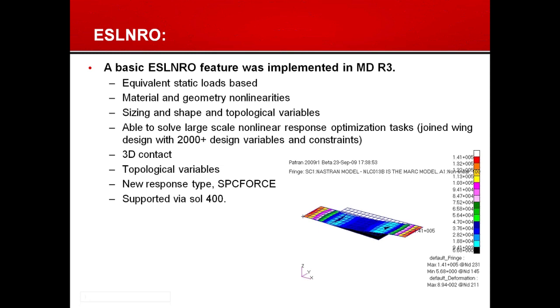Size, shape, and topology variables are allowed in that case. This is supported by solution 400, not by solution 200 like all the other optimization features.